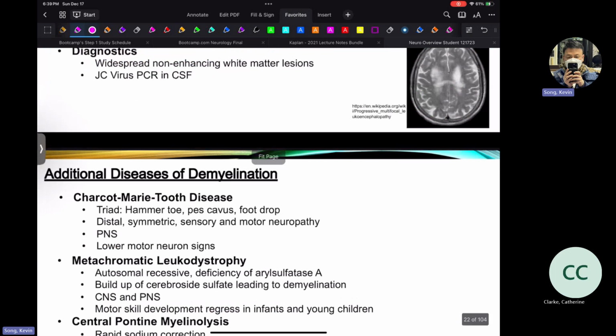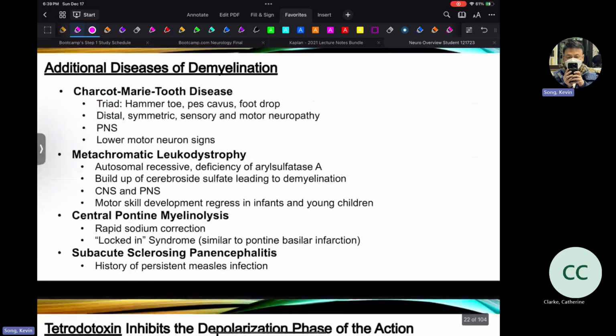All right, so there are other demyelination conditions like Charcot-Marie-Tooth, CMT. It's also PNS. PNS has to be lower motor neuron, okay? And metachromatic leukodystrophy is one of the causes.